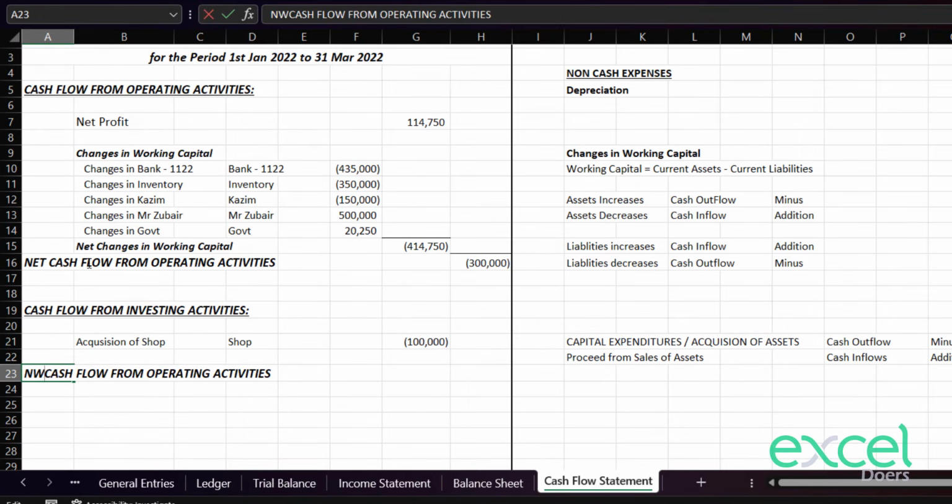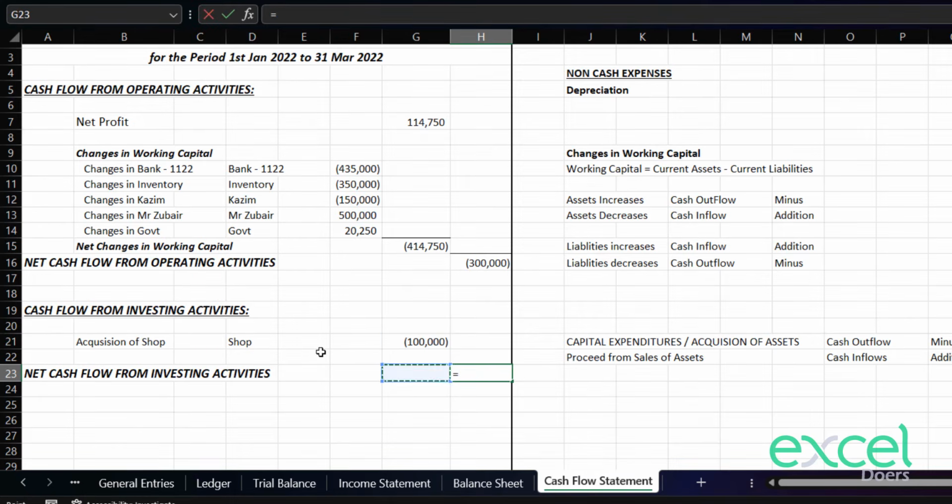So net cash flow from financing activities, sorry, investing activities. So net cash flow from investing activities is 100,000, right? So this is the total we have purchased.